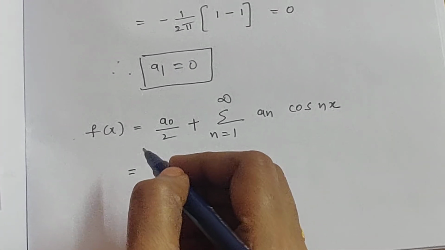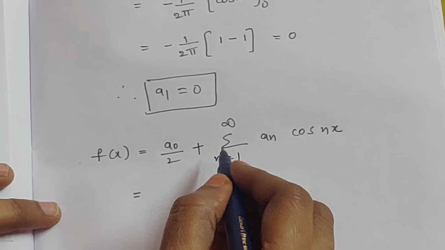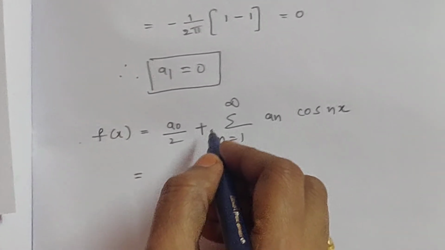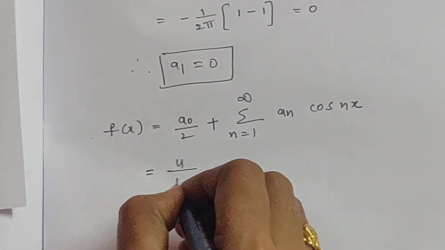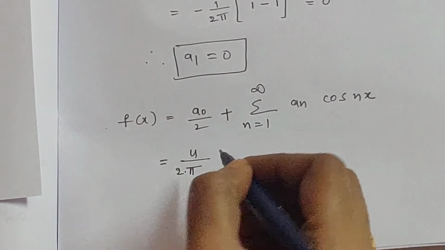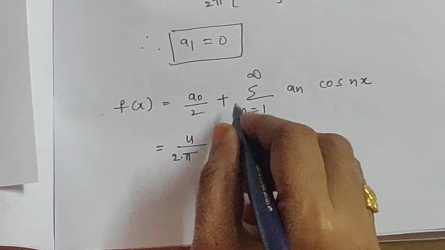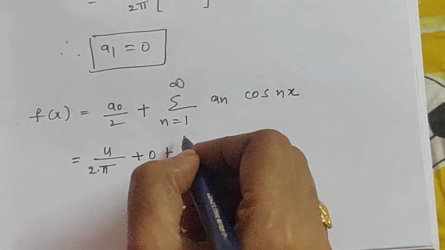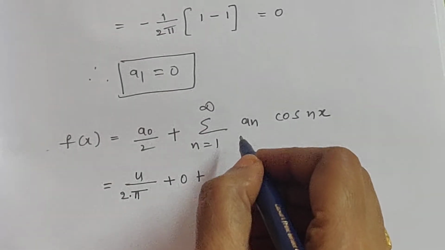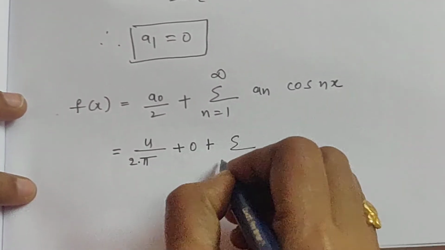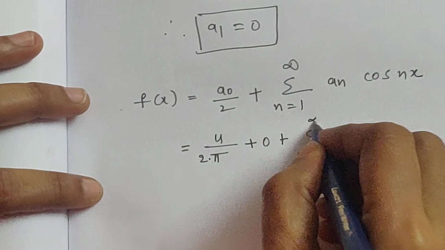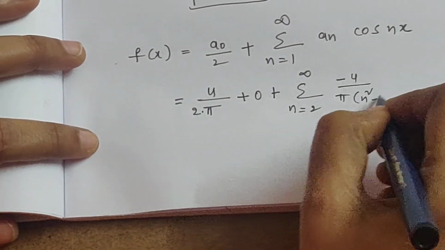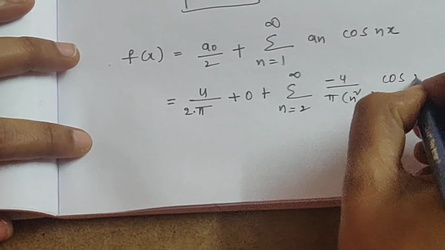The Fourier series contains only a0 and an terms, and we got a0 equal to 4 by pi, so a0 by 2 is 2 by pi, and a1 equal to 0, and from 2 onwards you got sigma n equal to 2 to infinity minus 4 by pi into n square minus 1 cos nx.